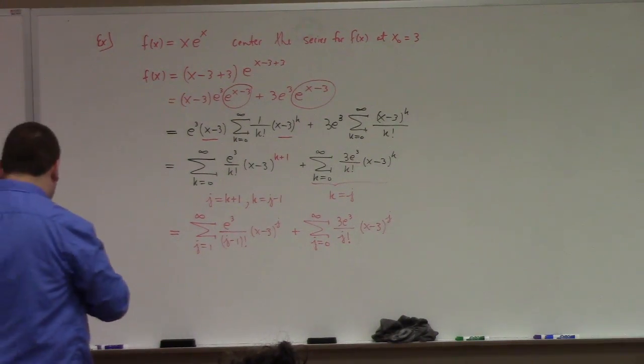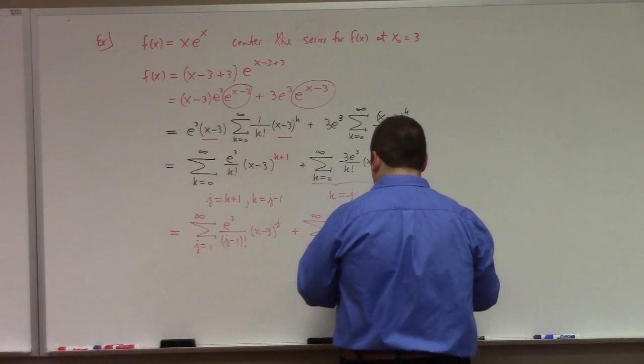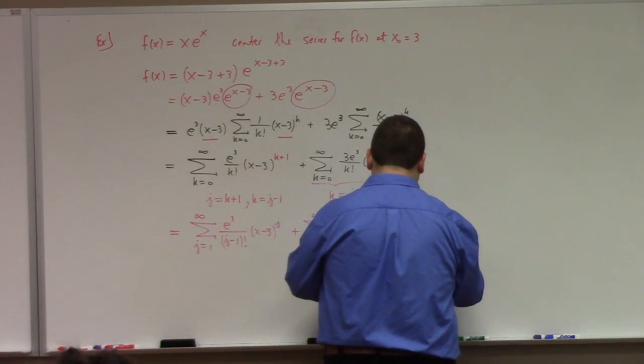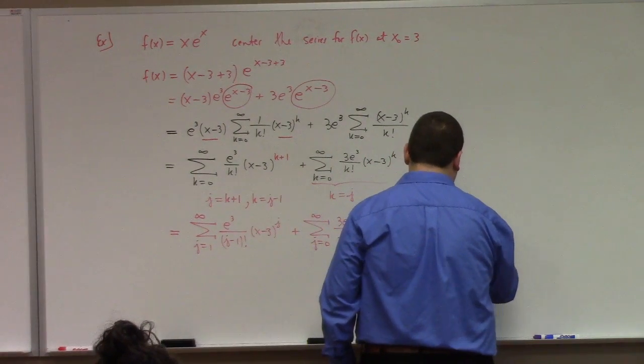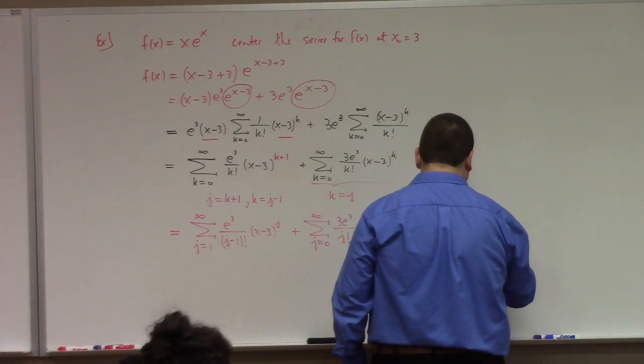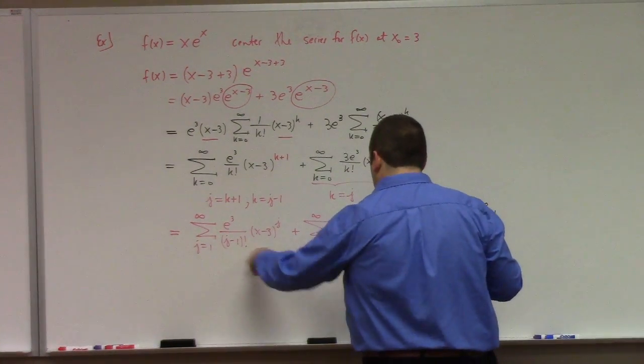So my final answer here is, what happens when you put j equal to 0 here? You get 3 e to the 3, all right? And then plus the sum, j equals 1 to infinity. And then we can just add these coefficients.